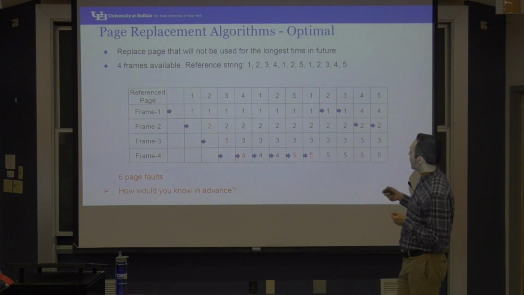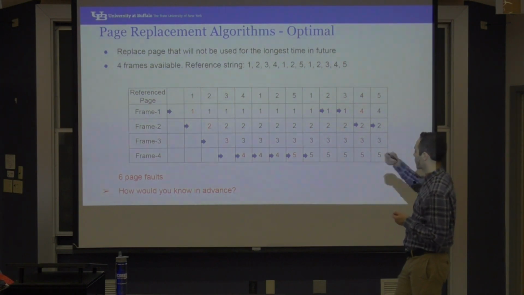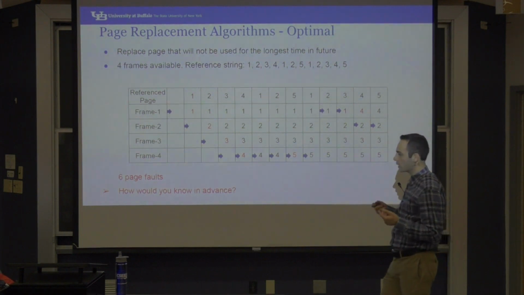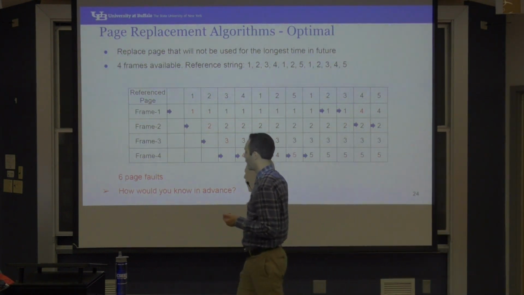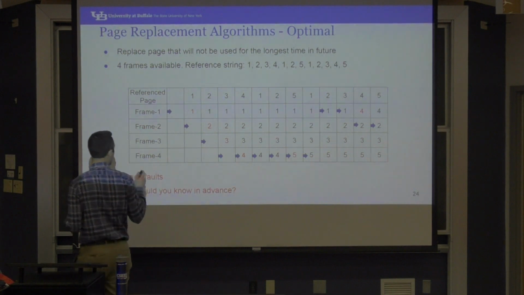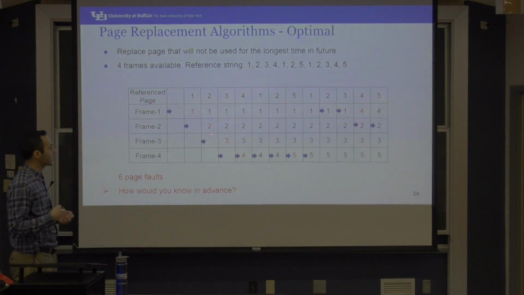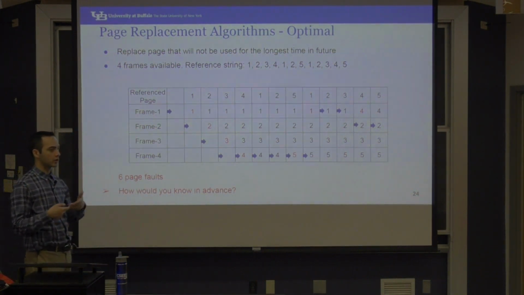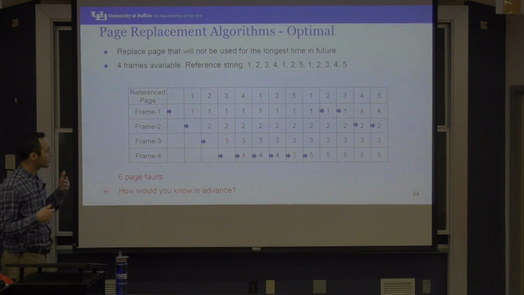And then here, again, the 5 is not going to be accessed soon. After here, we're not having any access, so the arrow just keeps moving forward. But the idea is basically the same. In this case, we only have 6 faults, and remember, the first 4 are just inevitable. So it is proven to be optimal.